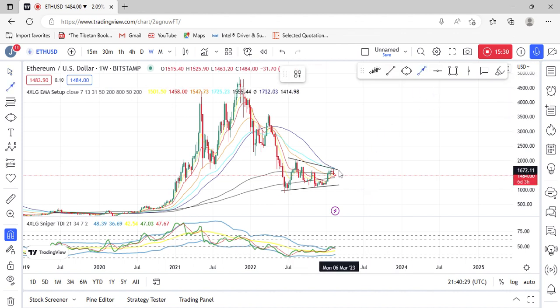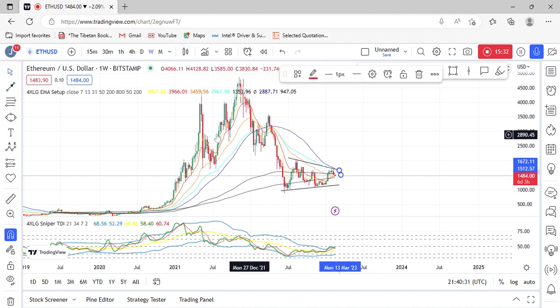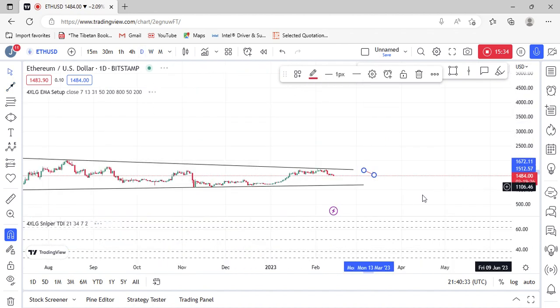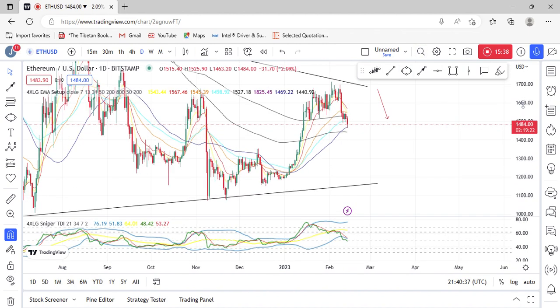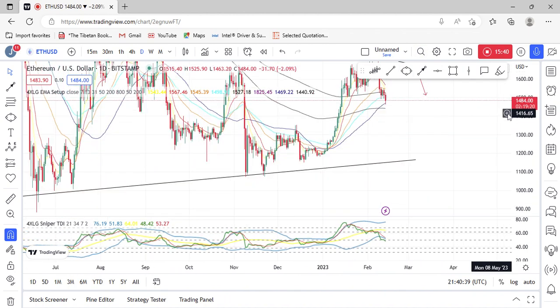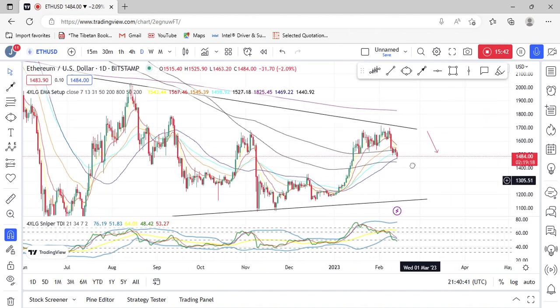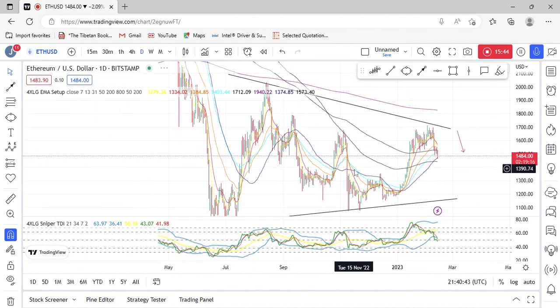Seeing a decline before a bullish continuation. So similar projection on BTC as well.